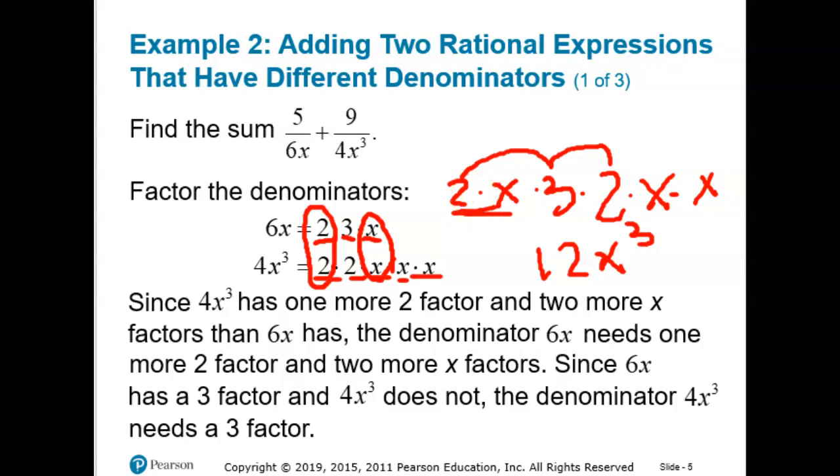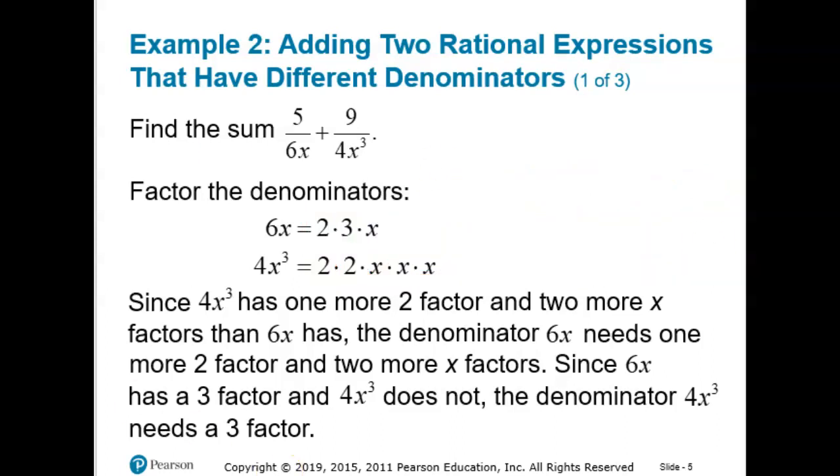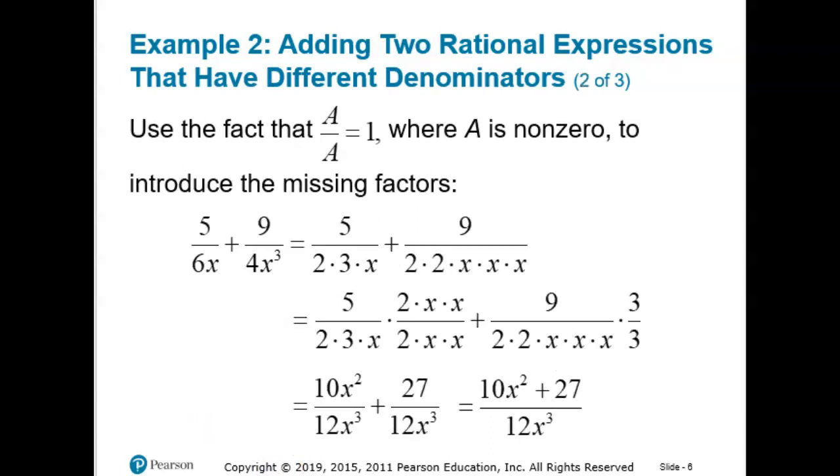Now, let's try to get those denominators to be in that format. So we know that we want the denominators to be 12x cubed when we're done. So we ask ourselves, we started with a 6x. What must we multiply 6x by to get to 12x cubed?